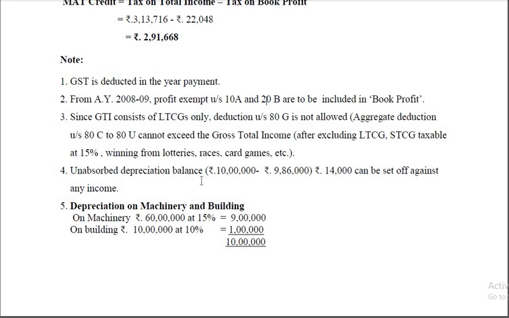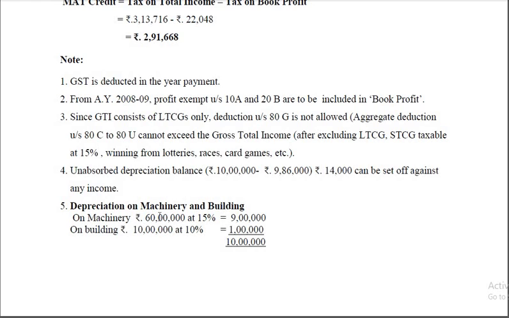So the balance rupees 14,000 can be set off against any income. In this problem, we have set it off against long-term capital gains. Actually, long-term capital gains were 1,20,000 and we have set off 14,000 against that. Therefore, 1,06,000 remains.